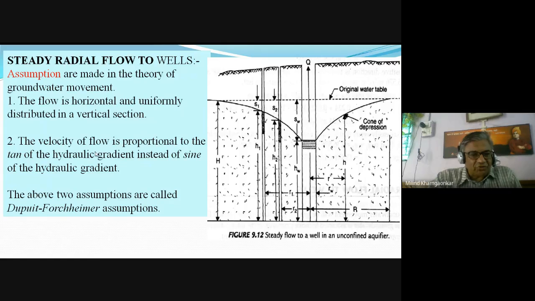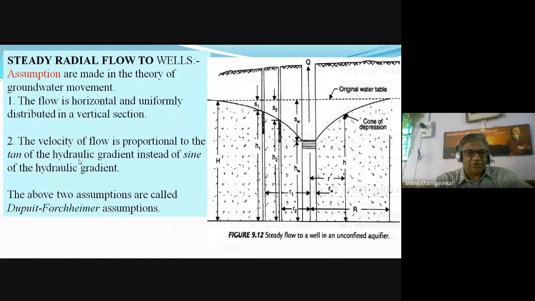Velocity is proportional to the tangent of the hydraulic gradient, because this cone of depression line shows the hydraulic gradient, that is the falling of the hydraulic energy line. The above two assumptions are called the Dupuit-Forchheimer assumptions. Right, in an exam they can ask what the assumptions are, what the Dupuit-Forchheimer assumptions are. So you should know these two assumptions.